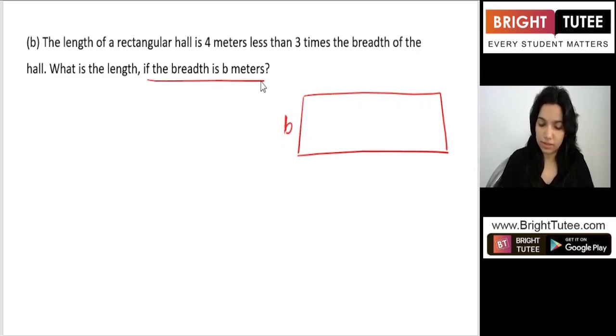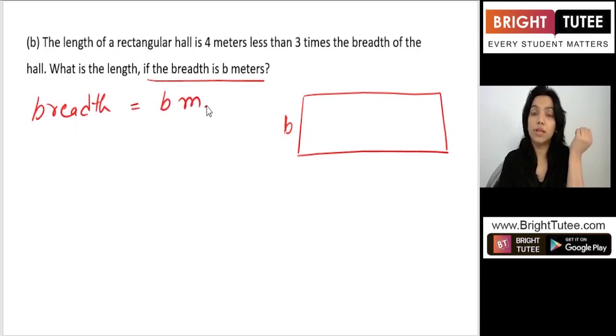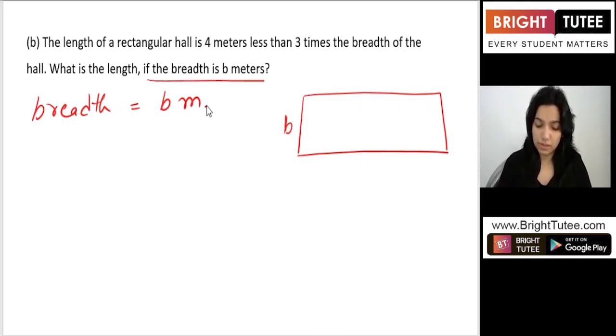So let us write this here. Breadth is equal to b meters, because here we are given that this particular length is measured in meters. So we have also written m with this breadth, so that we make sure that we are mentioning the units as well. Okay.